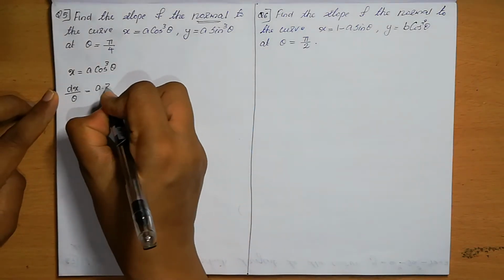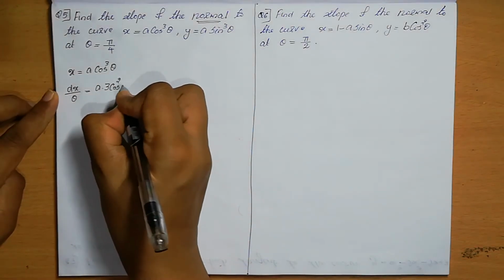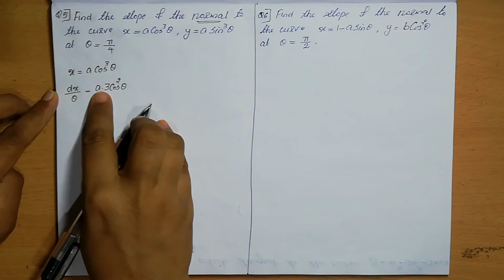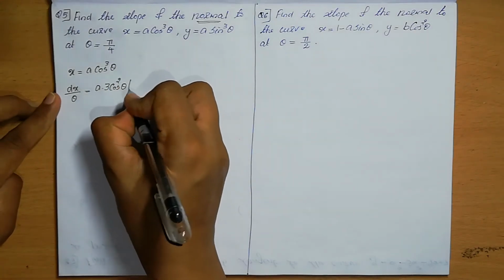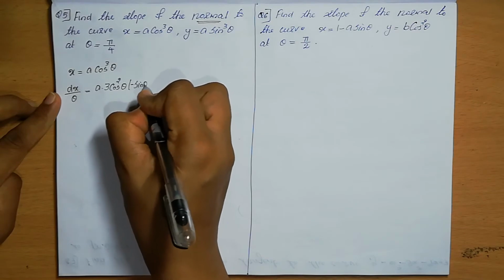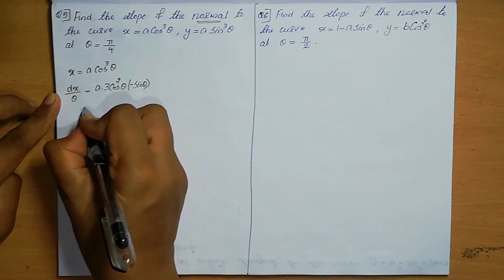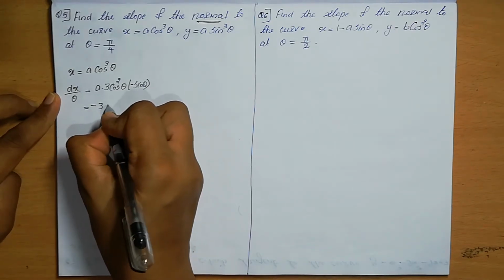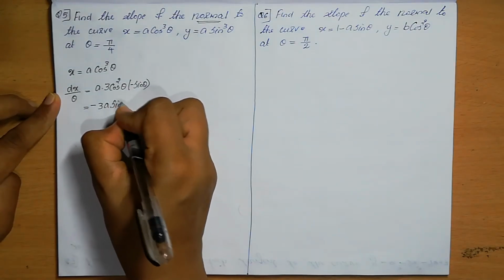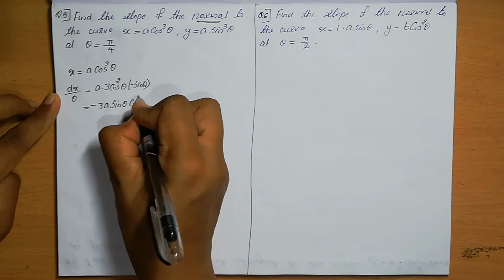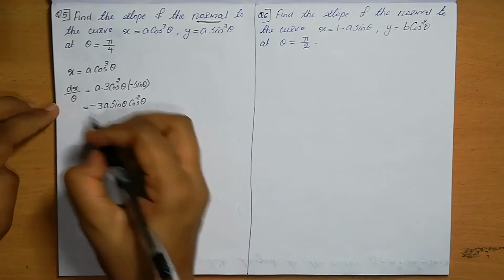That means 3 cos square theta. So the power differentiation is over. What is remaining? Cos theta. Derivative of cos theta is minus sin theta. So we can write minus 3a sin theta cos square theta. This is dx by d theta.